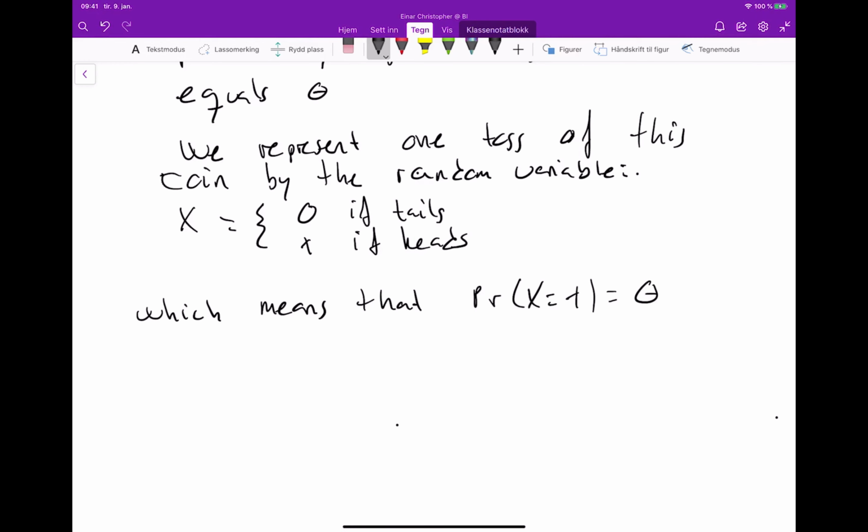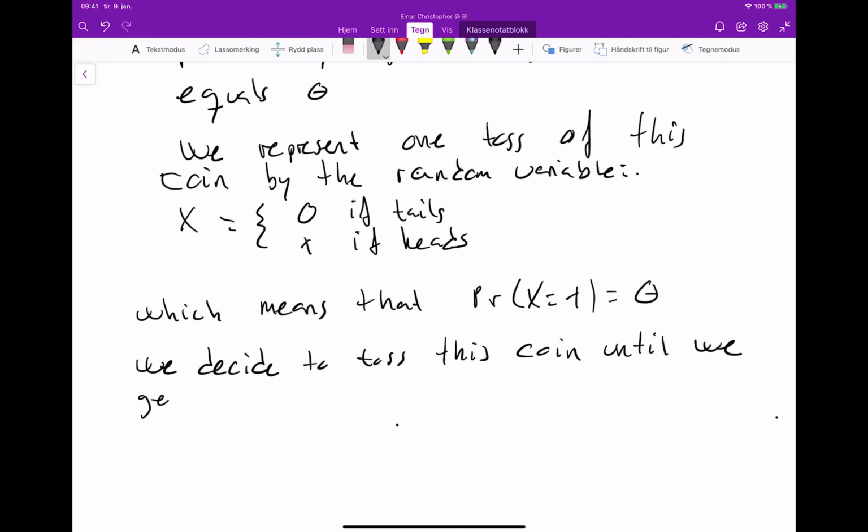So then we can go a little further, because we are not just interested in when it's heads. We decide to toss this coin until we get heads up. Then stop.